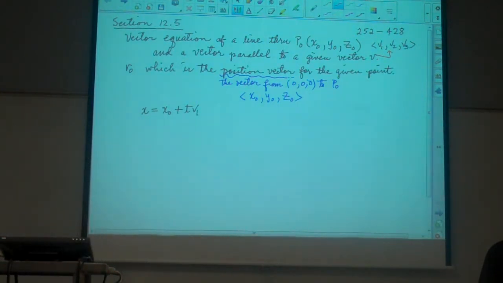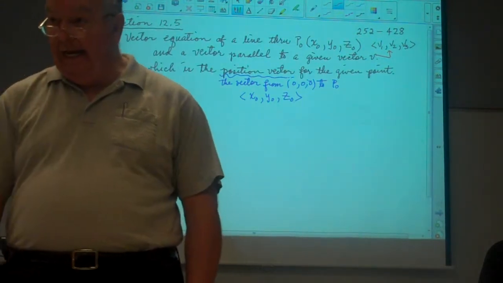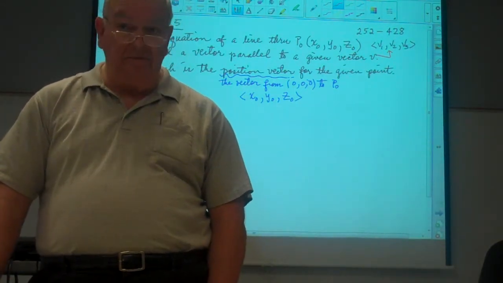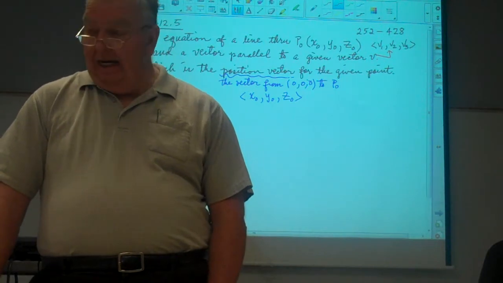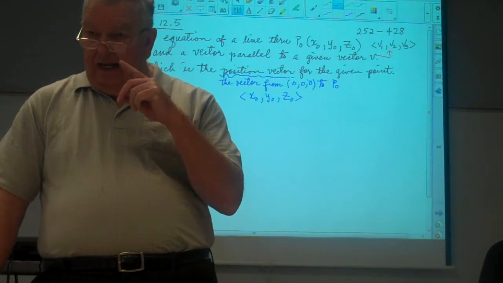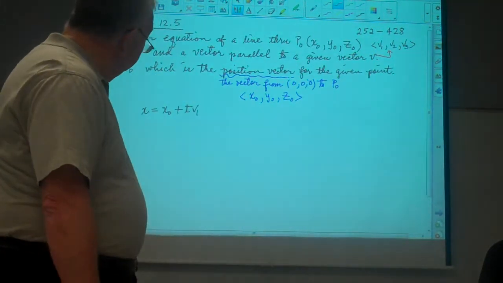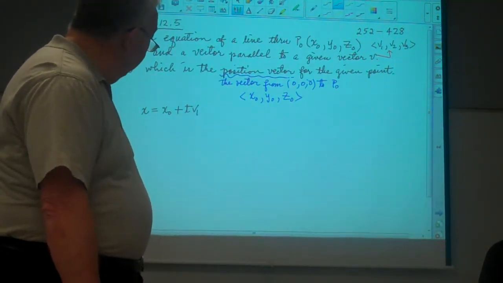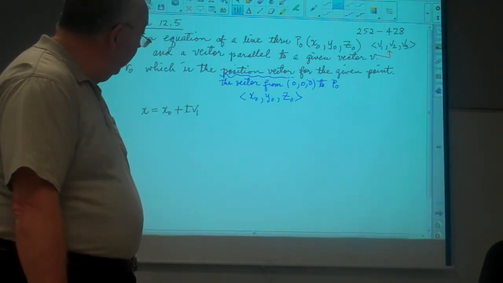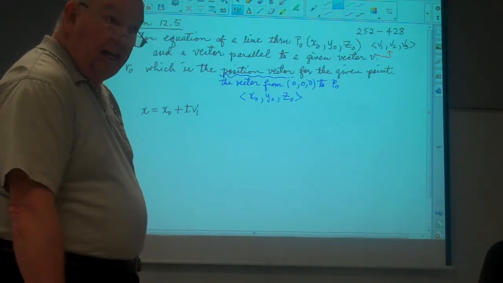So I am defining this line in terms of parametric equations. Didn't we do that at the very beginning of the semester? All I'm saying is that this line goes through the point that we know, plus t, a parameter, times the vector that we're using to define the direction.